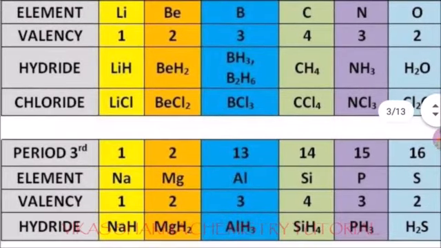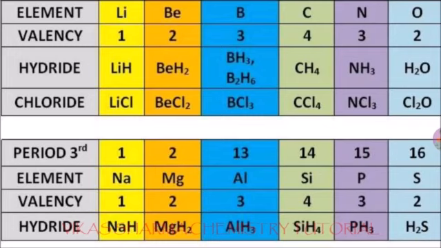Beryllium, the group 2 member, has valency 2; the hydride is BeH2 and the chloride is BeCl2. Another member of group 2, magnesium, has hydride MgH2, the same pattern. In group 13, boron forms the hydride BH3 and B2H6, and a chloride, BCl3.